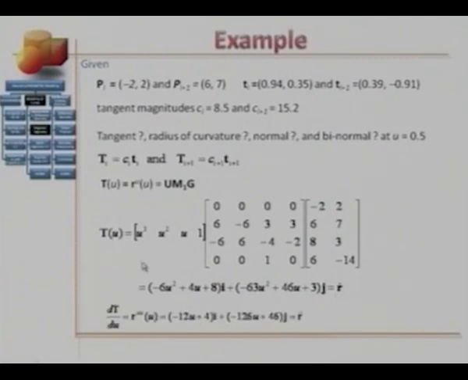If we differentiate this expression again with respect to u, we'll have r double dot, which is dT/du, as -(12u + 4) times i plus -(126u + 46) times j, and this is r double dot.